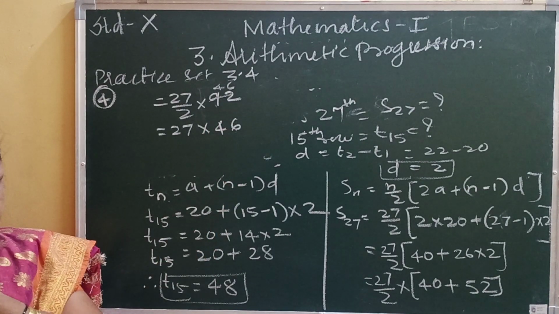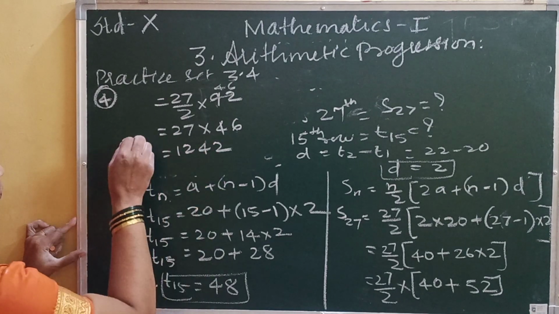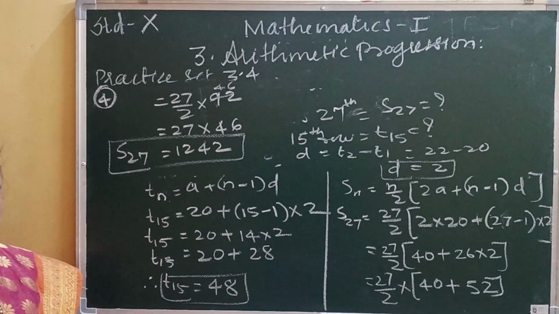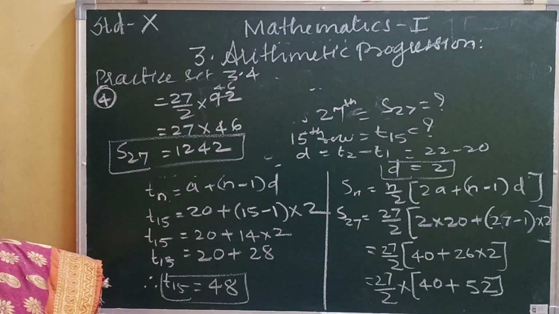So 27 into 46 is 1242. So S27 is equal to 1242. Now you have got the answer.